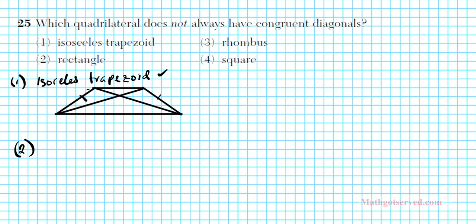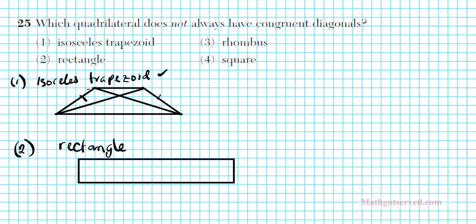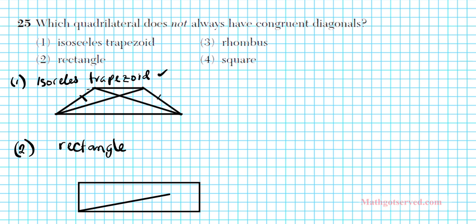Number 2, rectangle. Is there a way where you can draw a rectangle in such a way that the diagonals are not congruent? The answer is no. There is no way you can draw a rectangle without the diagonals being congruent. It's always going to be congruent. Okay, so for a rectangle, just draw the diagonals.